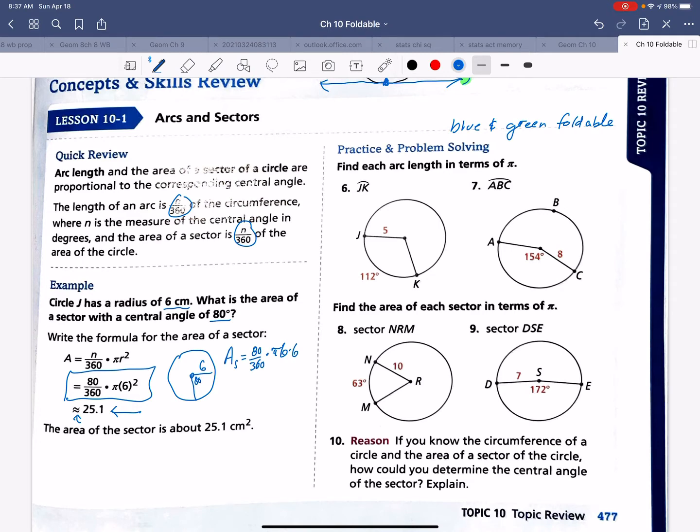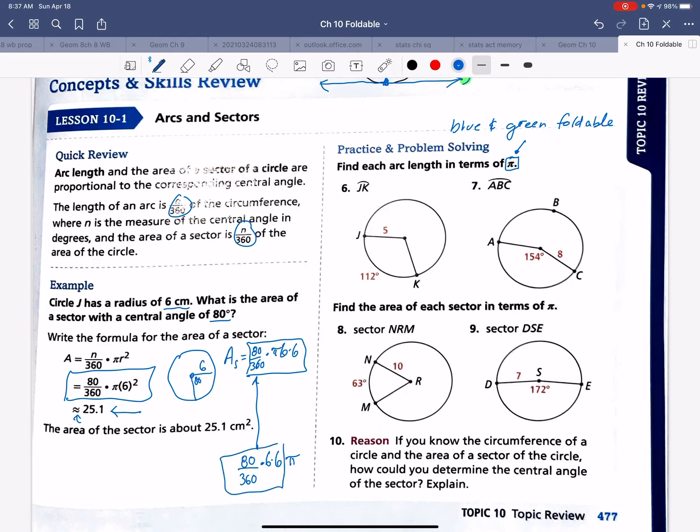Now here we get some practice, not exactly like our foldables. I warned you about this, and we did this in some of our homeworks. We're going to leave our answer in terms of pi. So if I think about this last one, what did I have? I had 80 divided by 360 times 6 times 6 times pi.